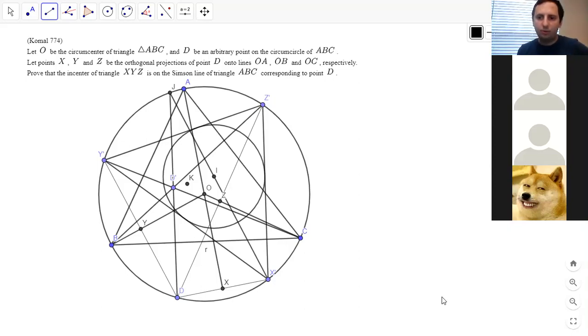So maybe introduce the midpoints of X prime, Y prime, and X prime, Z prime. Okay.